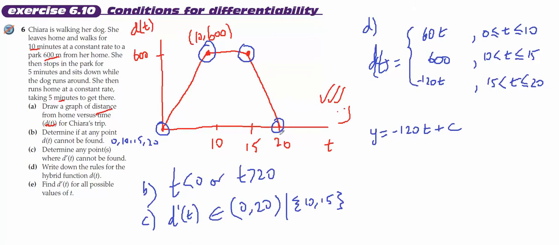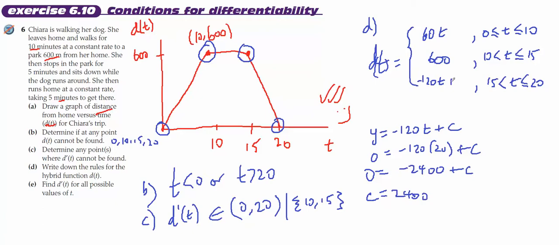I know that it is equal to 0 when t is equal to 20. 0 equals minus 2,400 plus c, therefore c equals 2,400. Therefore plus 2,400. Okay, that's an expression for d of t.